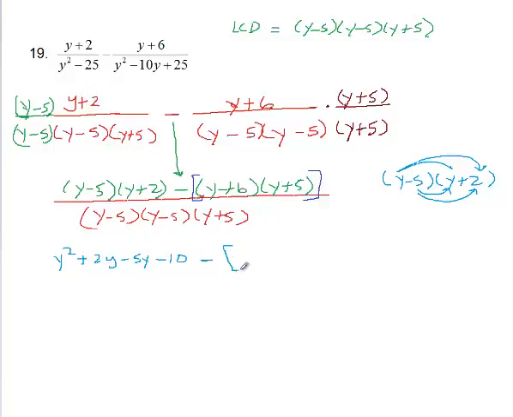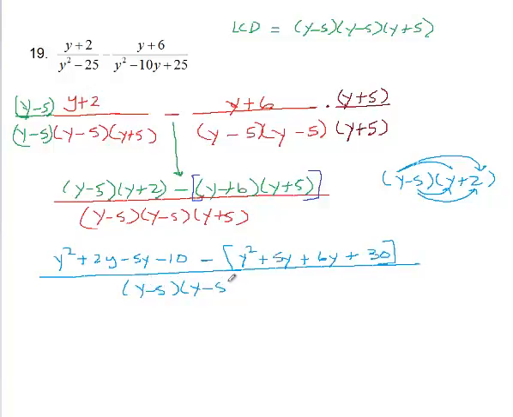Minus, now leave in those set of brackets. This one is going to be y times y, y squared, plus y times 5, 5y, plus 6 times y, plus 5 times 6, of course, is 30. All over our common denominator. I'll rewrite that. Don't be lazy, write it down each time.